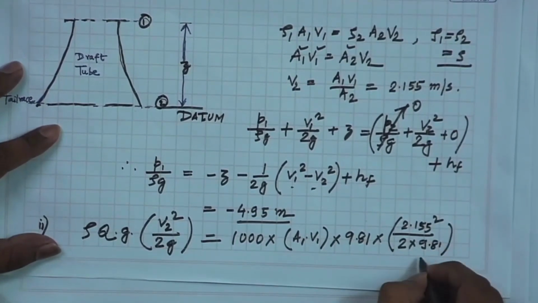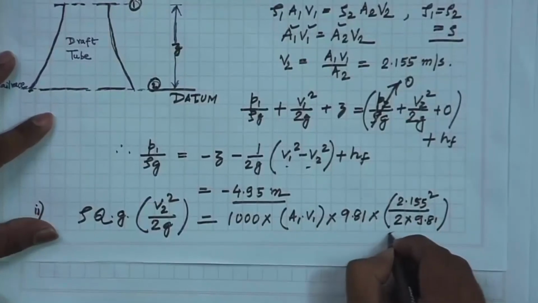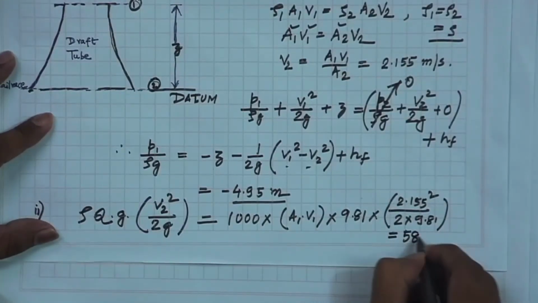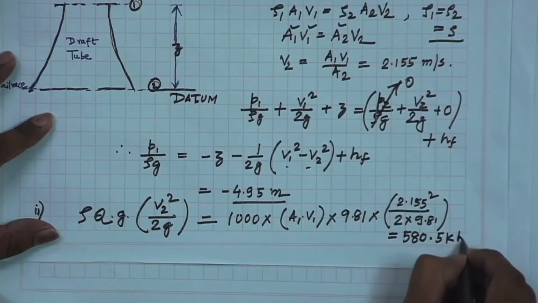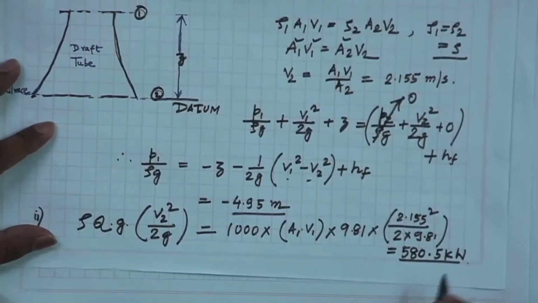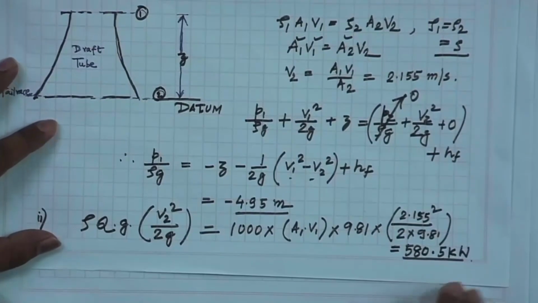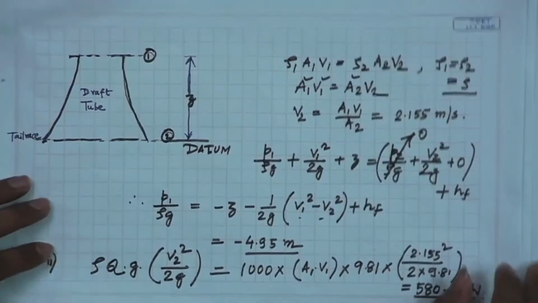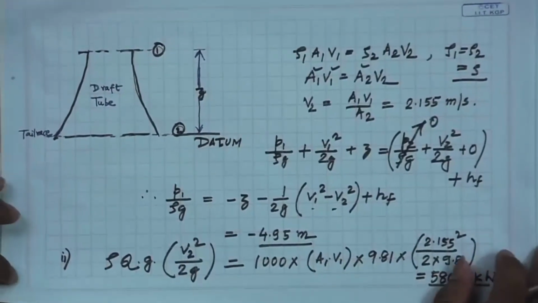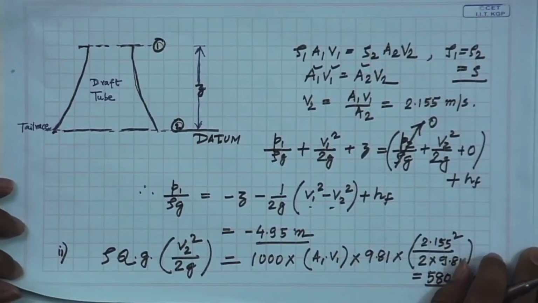So, this comes out as 580.5 kilowatt. This power is lost due to the velocity head present at the exit of the draft tube. So, with this ends the second problem.